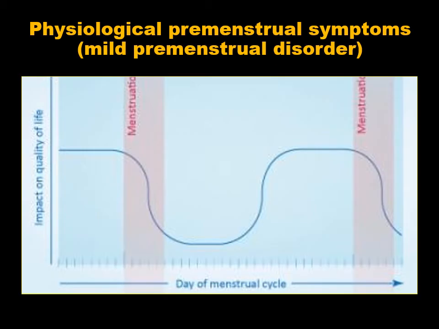So this is physiological premenstrual symptom, mild premenstrual disorder, where you see a symptom-free week in the follicular phase after the menstruation, and increased symptoms in the luteal phase. Symptoms start to improve after menstruation, with a week free of symptoms in the follicular phase.